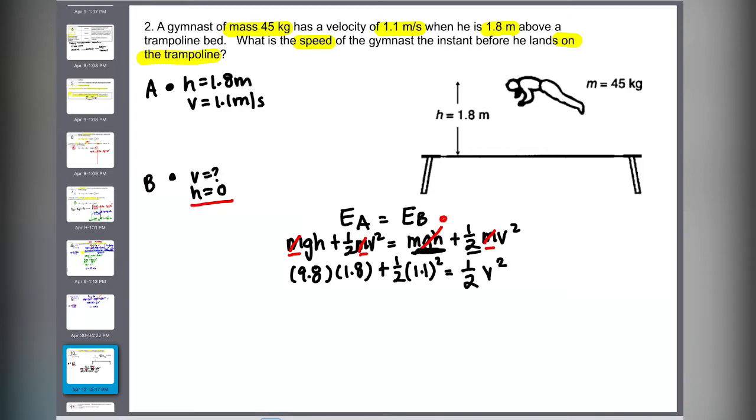Punch the left side into the calculator, times it by 2. And then take the square root. So I got the answer to be 6.0469. With sig digs, the answer worked out to be 6.0 meters per second.